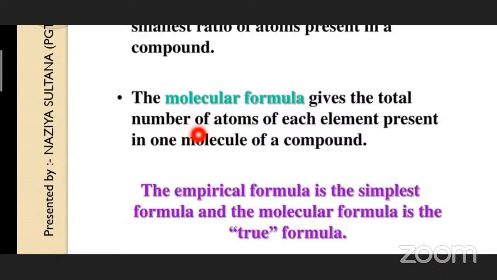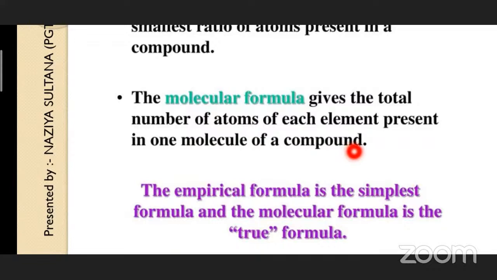This is important. For example, glucose, C6H12O6. That means how many carbons are there, how many hydrogens are there, how many oxygens are there, you will understand by seeing the molecular formula.